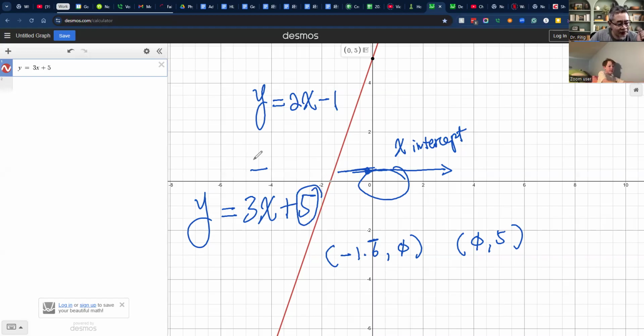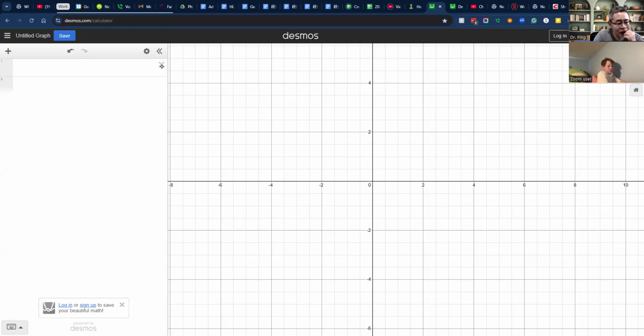Okay, let's try y equals negative 3x plus 6.